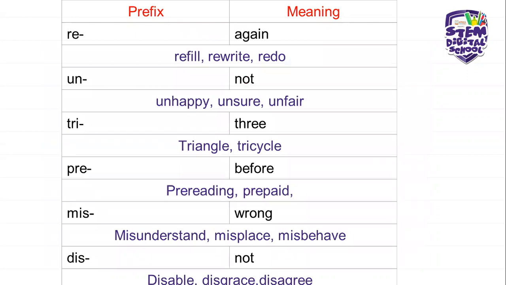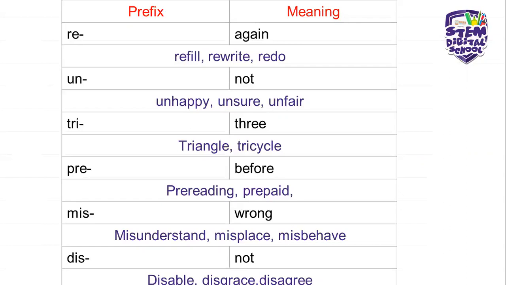So when we have a prefix of re, it means again. So if I tell you I refill a bottle, that means I'm going to fill the bottle again. Or rewrite, I'm going to write the page again. Or redo something, then you're going to do something again.